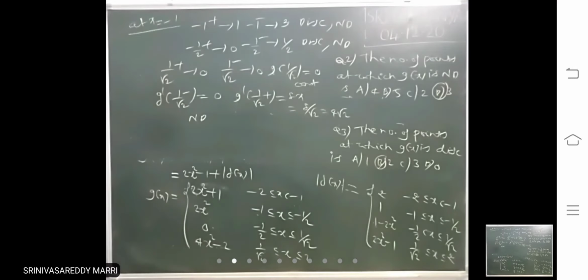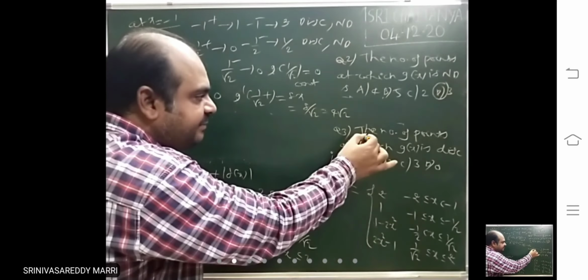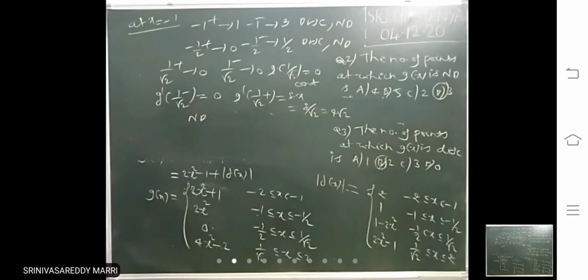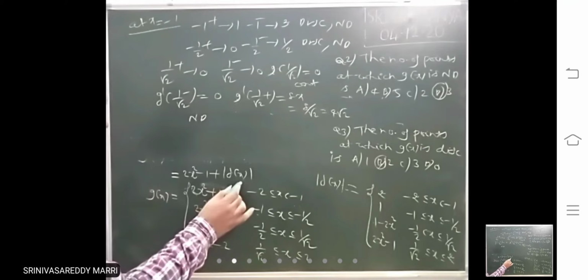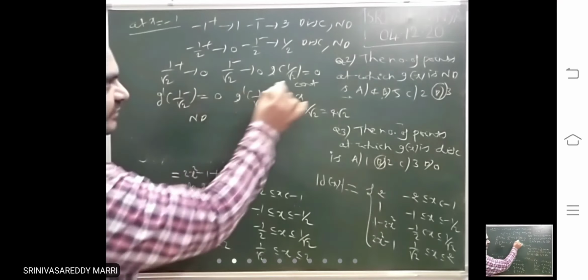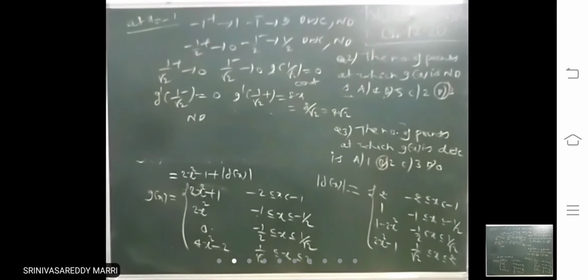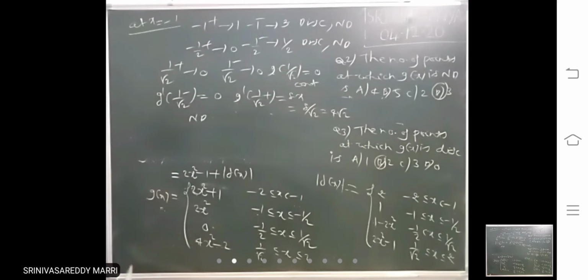So the time for these two questions you can utilize for this one. Like that, one question will be related to another. First, you solve modulus f of x. If you solve this, then you can find g of x. After finding g of x, these two questions are easy. So that's why spend time here.